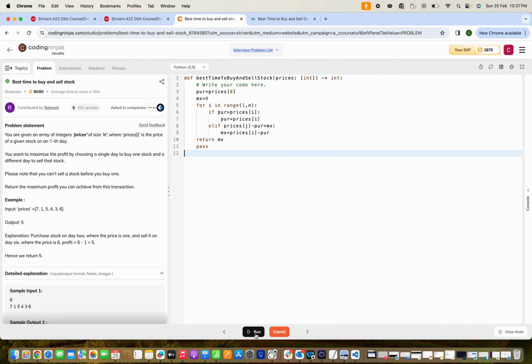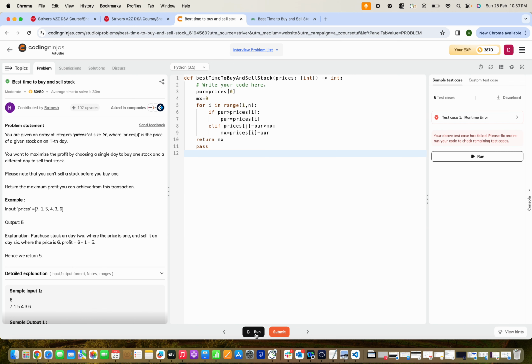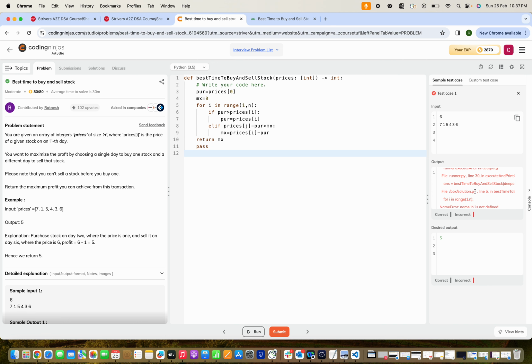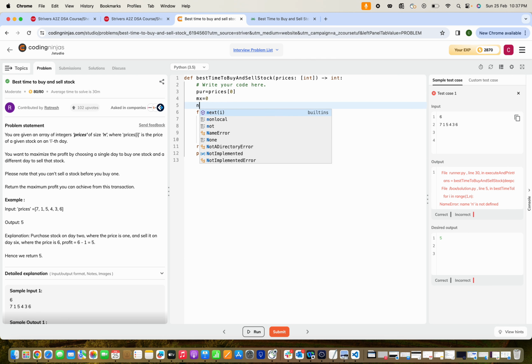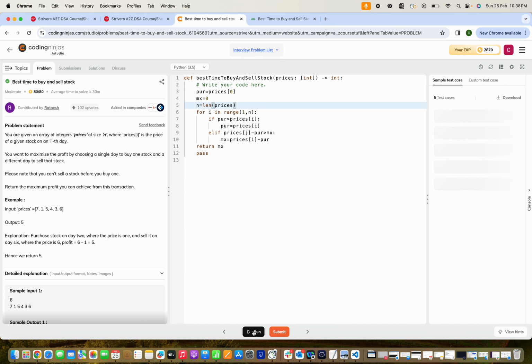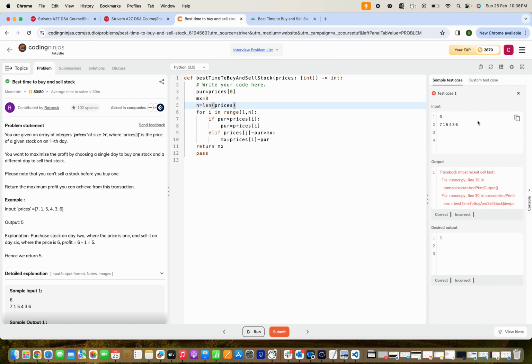Let us run and check. Oh, I have some runtime error. Oh, sorry, n is not defined. Let me define n as equal to the length of prices. Alright, let us try once again.